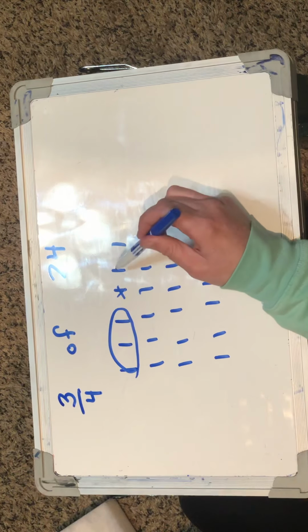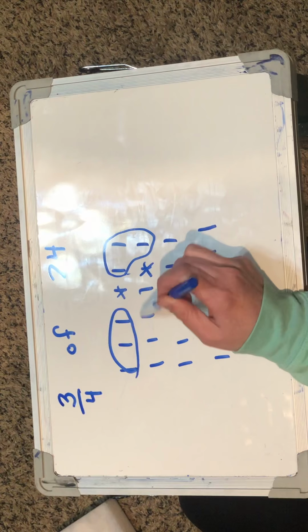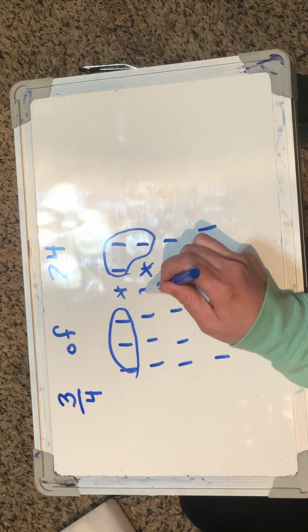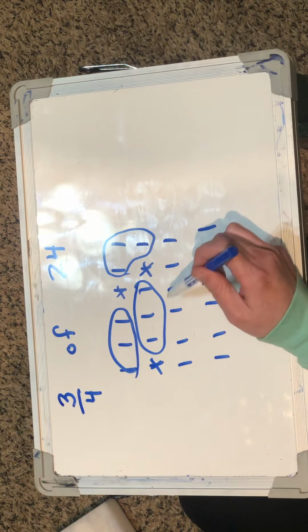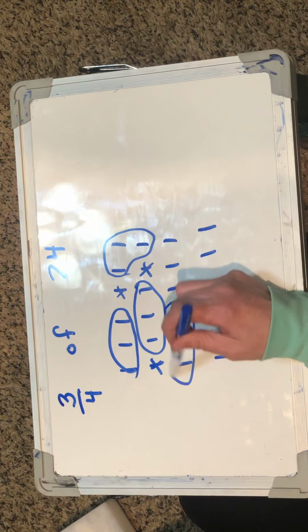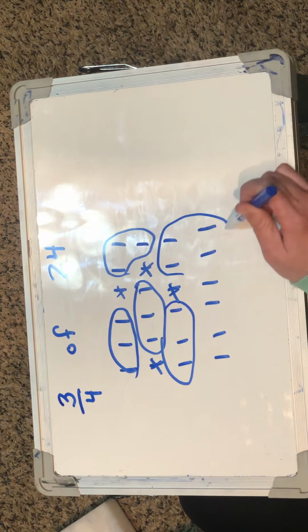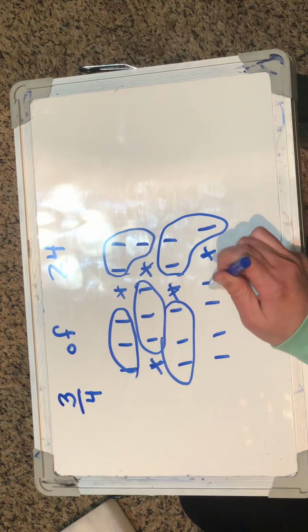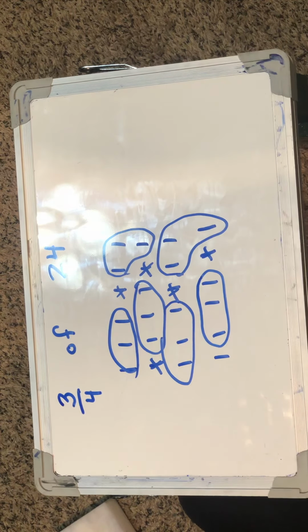In every group of 4, 3 are mechanical and 1 is not.